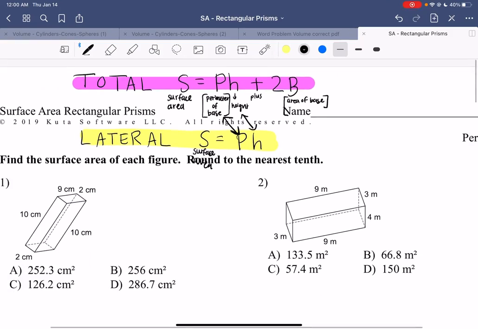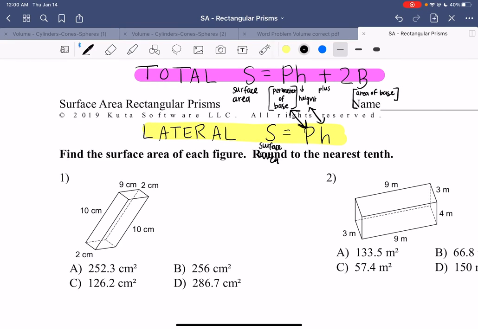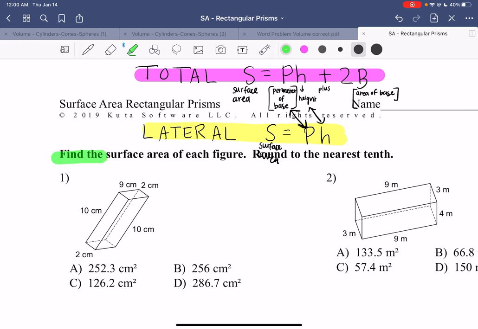shape. So to start, remembering that in order to find our answer, we have our question being: find the surface area of each figure, rounded to the nearest tenth.